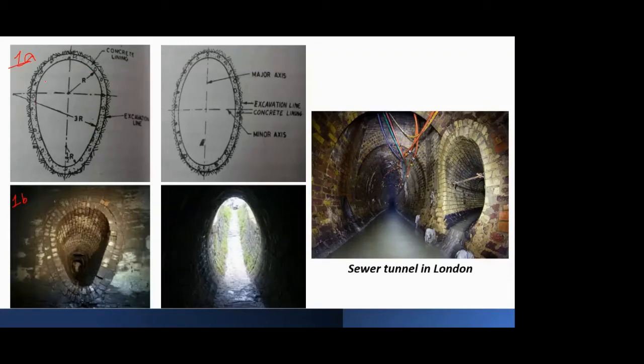So you can see the shape of the egg, and the smaller radius part, or the smaller section, is kept as the invert level, because if it is kept as the invert level, then the discharge or the velocity is not going to decrease in this section, and there will not be a deposition of your solids. If you keep it the other way around, if you keep the larger cross section as the invert level, the velocity can go on decreasing because the water is getting more area to flow. So that's why it's kept in this inverted shape.